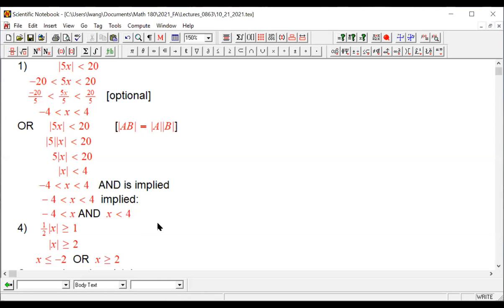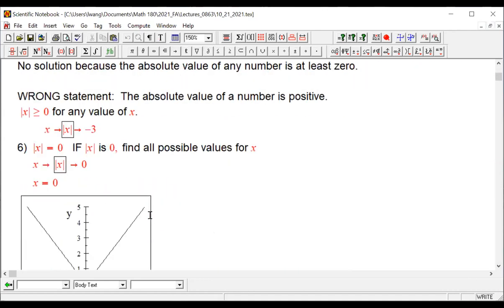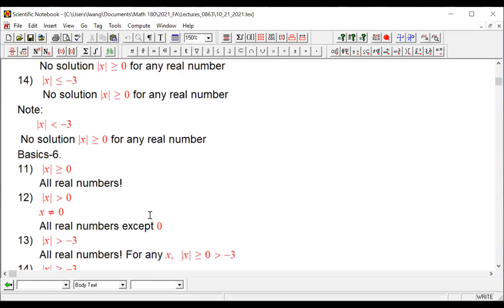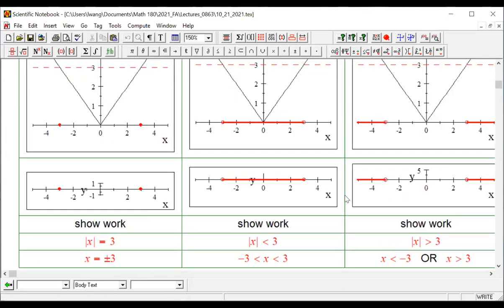So these two must happen at the same time. Graphically, I'm going to bring that picture to you. I'm doing this up and down so that you relate to them.